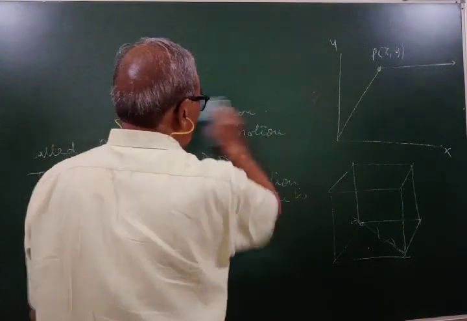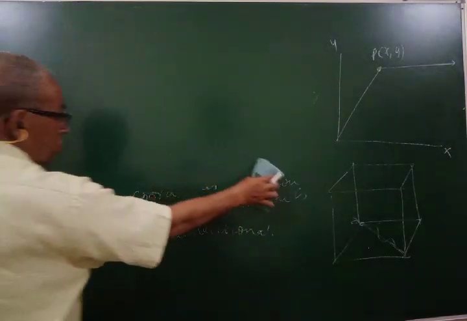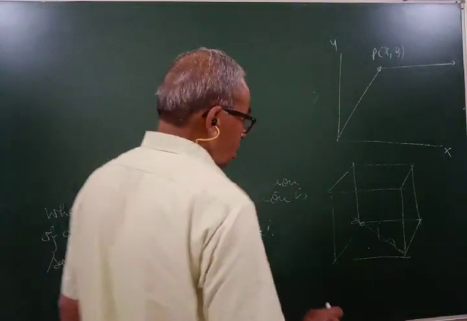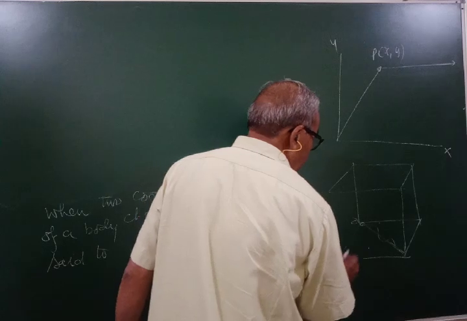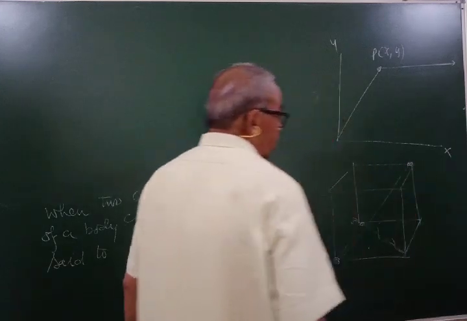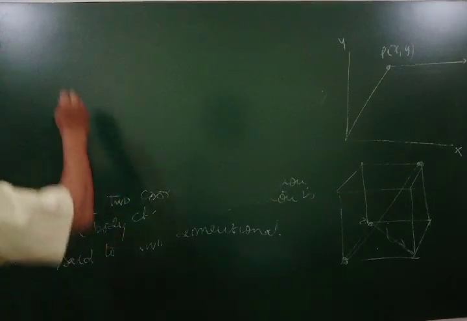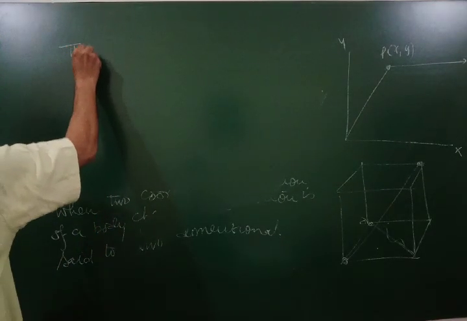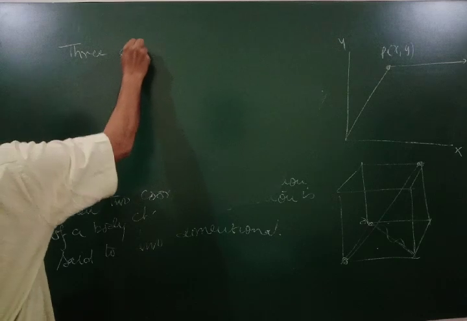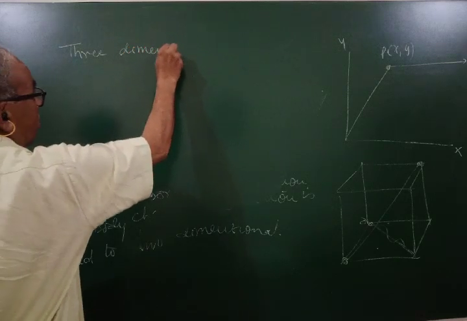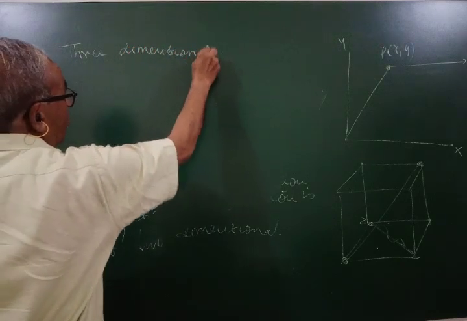And if all three coordinates change, it is three-dimensional. How is it possible? If a body goes from this corner to this, then all three coordinates of position will be changing. Three-dimensional motion.